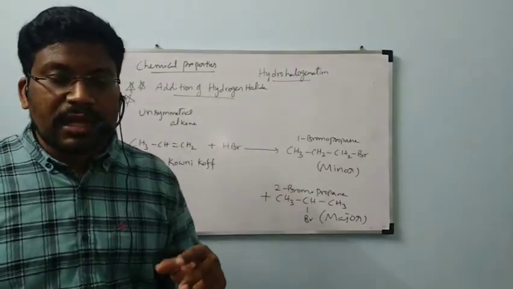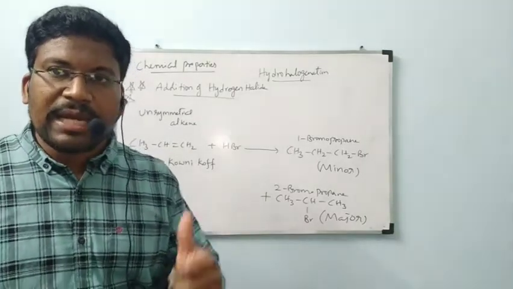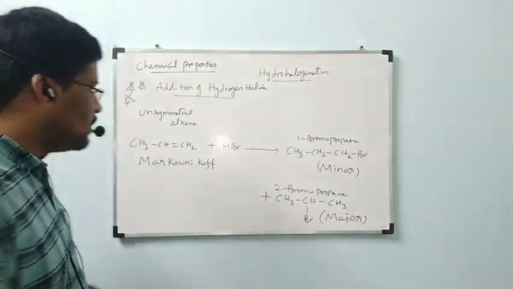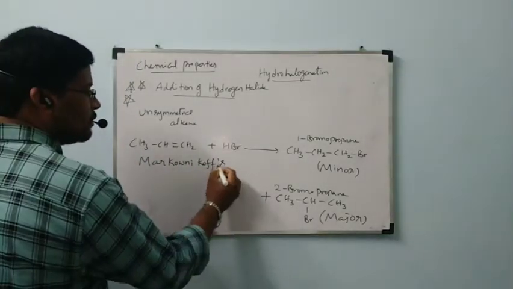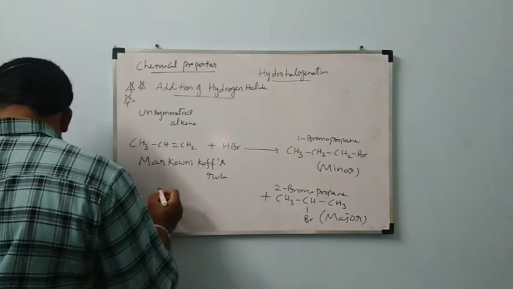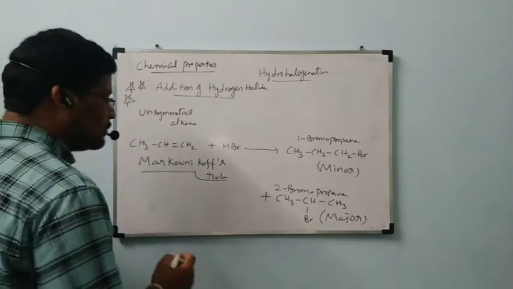That one, with the explanation of the mechanism, I will explain also. Before that, let us see what this rule is. This rule is very important, that is called Markovnikov's rule. What is that rule called? Markovnikov's rule.